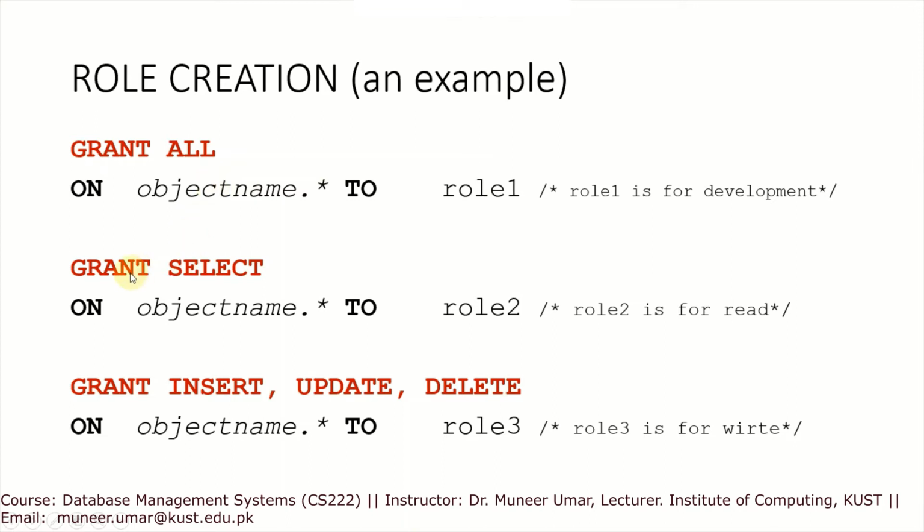In second command we are granting select privilege to role 2 on a particular database and all its object. And in third case we are granting insert, update and delete privileges to role 3 on a particular database and all its objects.